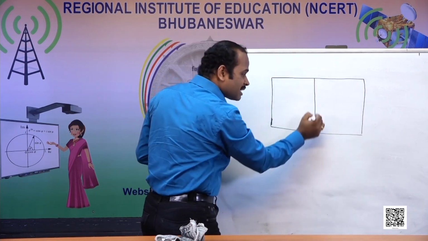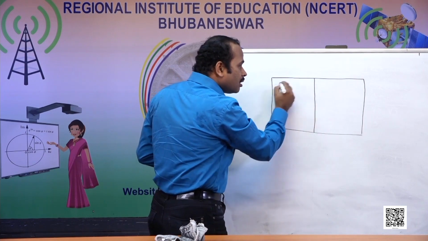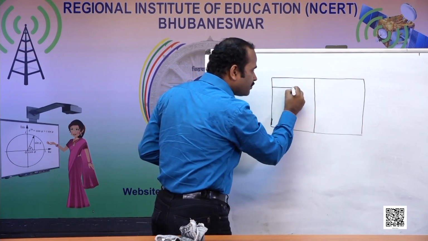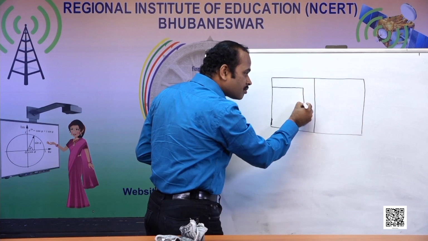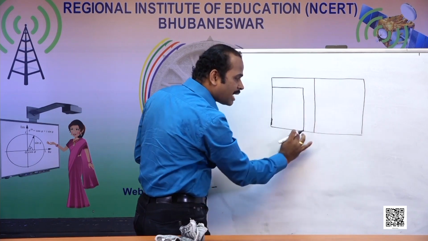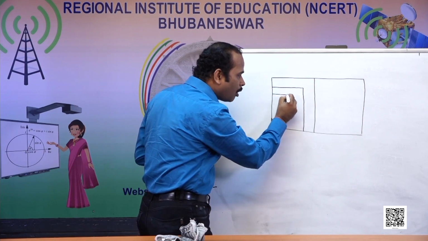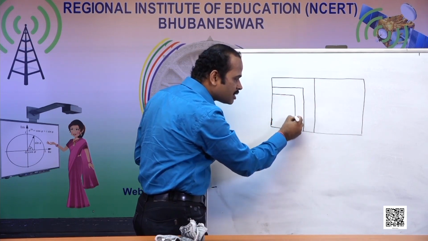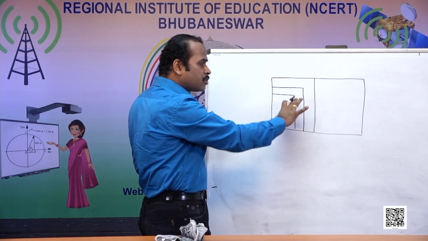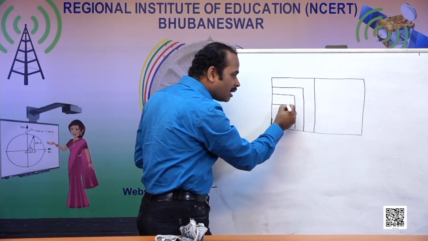From these rational numbers, we can say some portion of them are integers. Out of these integers, some portion are whole numbers. Again, out of these whole numbers, some portions are natural numbers.